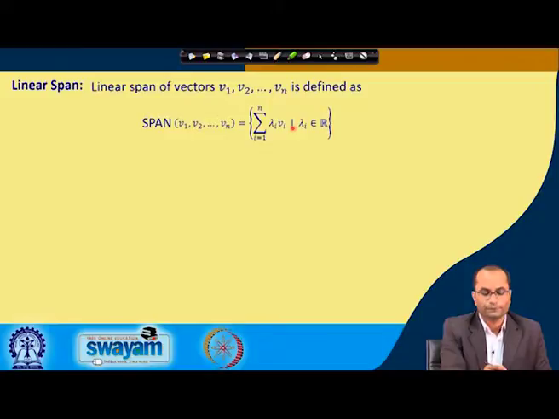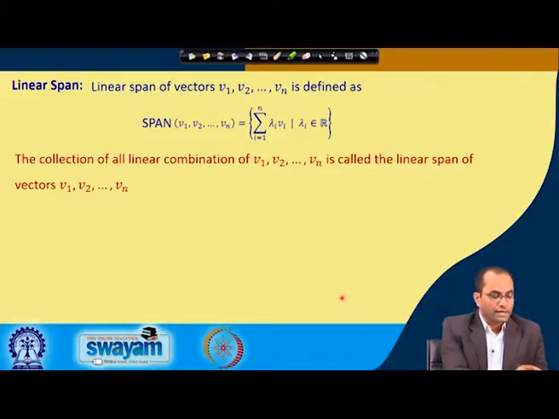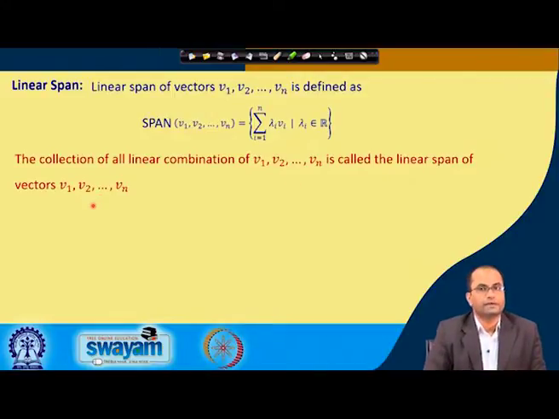Exactly this is the linear combination: lambda 1 v1 plus lambda 2 v2 up to lambda n vn, where lambda belongs to the set of real numbers. So, the collection of all linear combinations is called the linear span of the vectors v1, v2, v3, ..., vn.